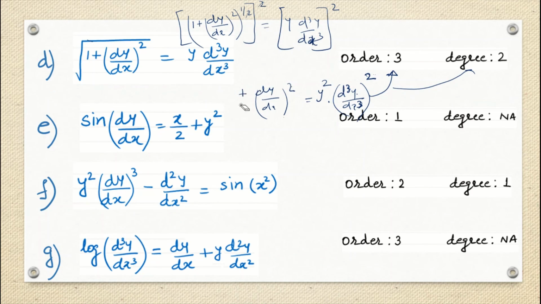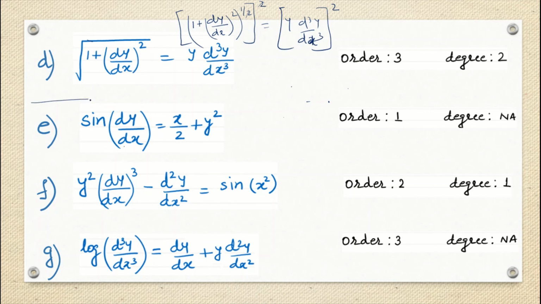Okay. So now the next question is what? Next is sine of dy by dx equals x by 2 plus y square. Okay. So now we'll come to the definition of differential equation. We can find the order of a differential equation in each and every case.